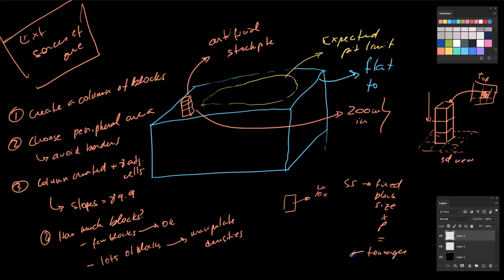So to have the proper tonnage, as the size is fixed, we need to manipulate densities. Let's say the block size is 10 by 10 by 10. If you need to have more tonnage, you will need to increase the density of a given block. So you will avoid this situation and you will have just a few blocks.